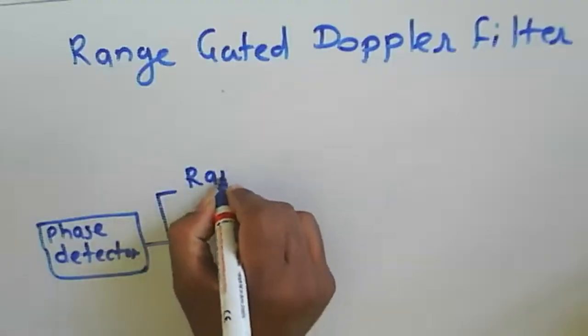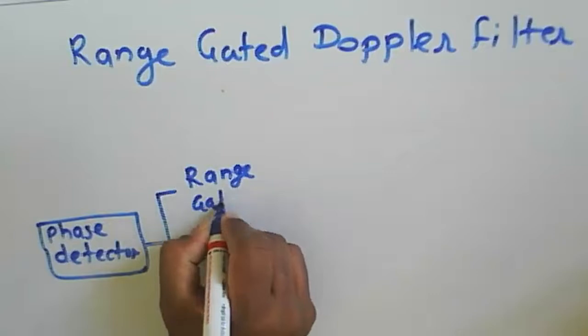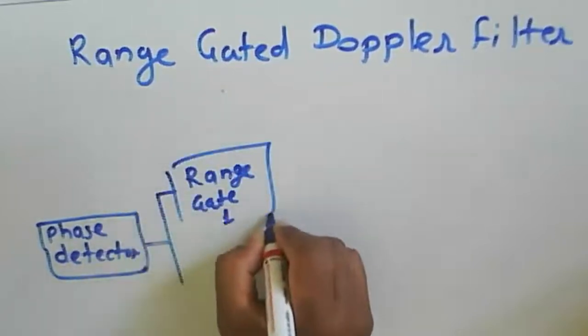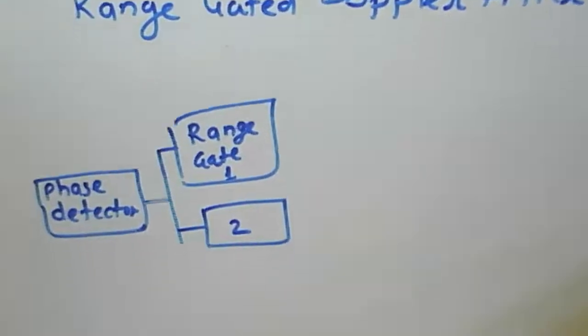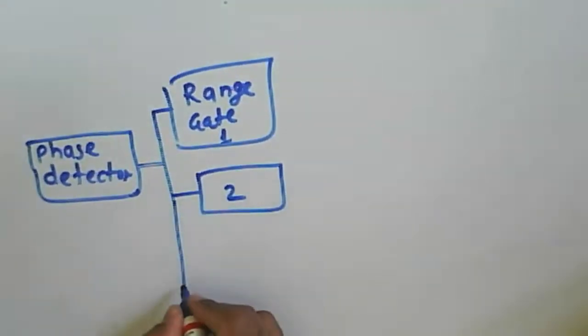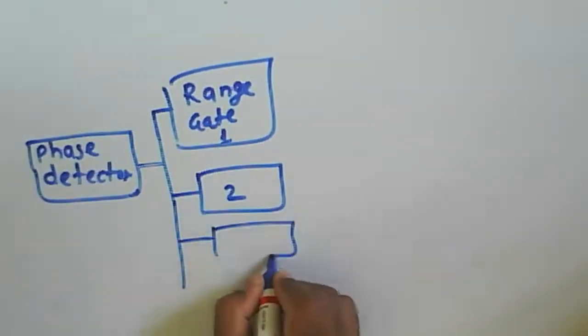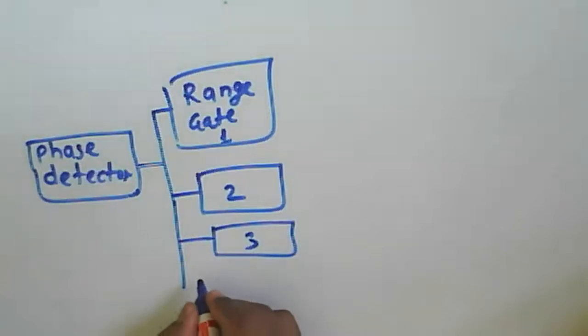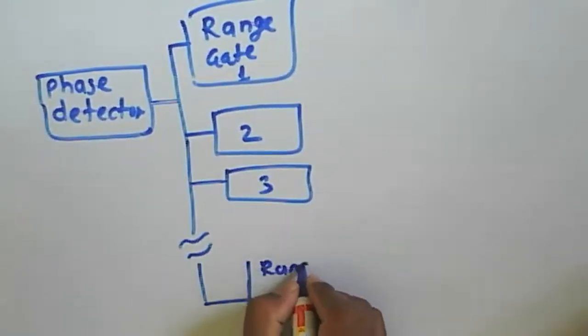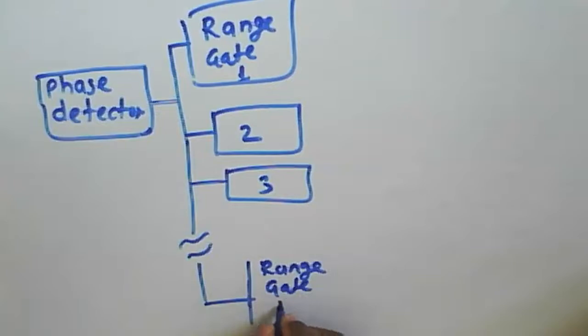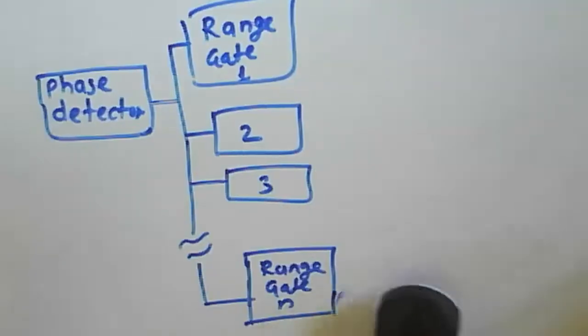You can consider this range gate 1. Similarly, we have range gate 2 here, then range gate 3, and then range gate n, the nth range gate.